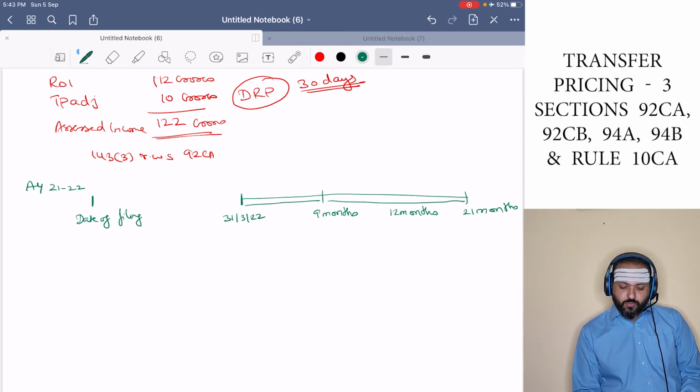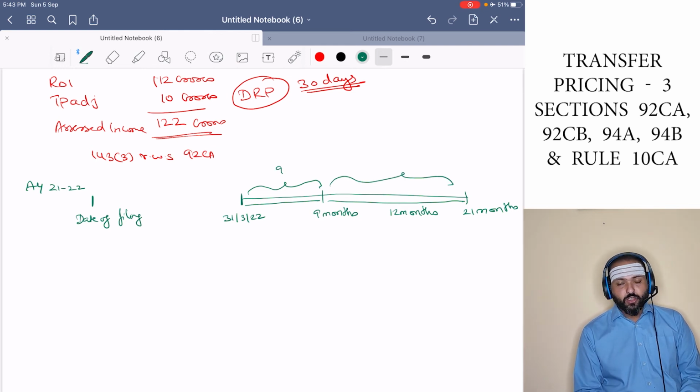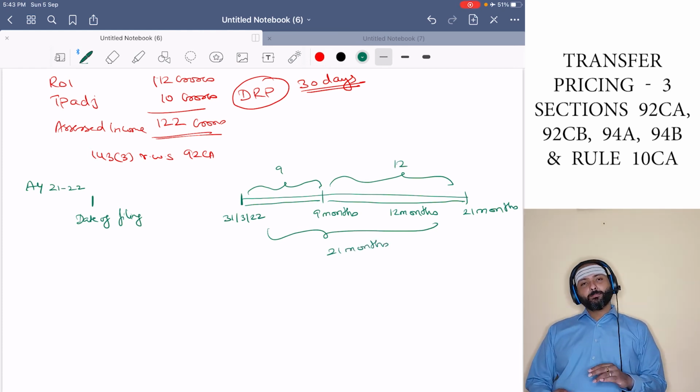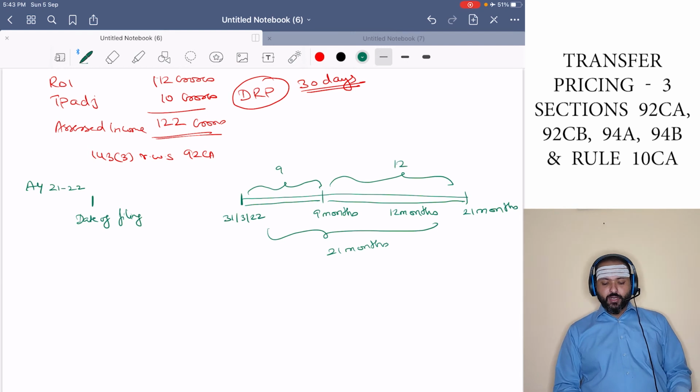So let us say from here to here is going to be 9, and from here to here is going to be 12. So the total time limit is 21 months. Now, when should the TPO pass the order?